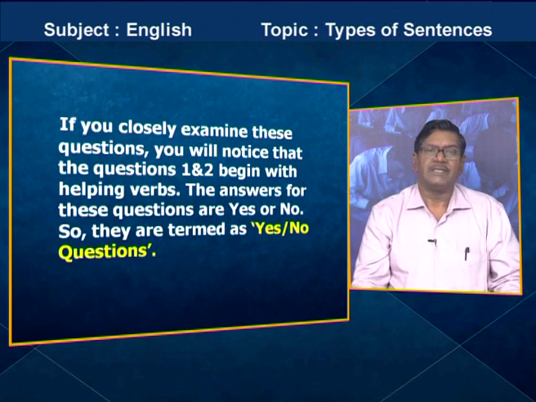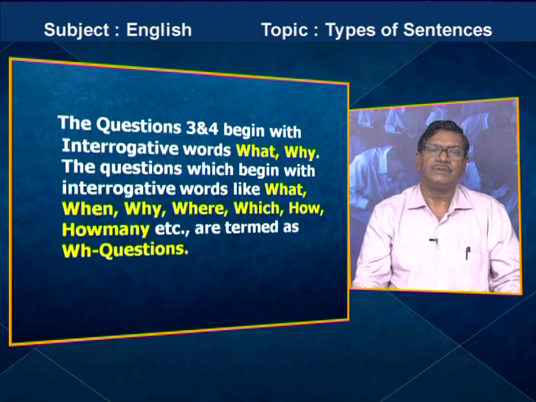These are the questions that start with helping verbs, questions that start with question words. So, the first 2 are yes/no questions, the second 2, 3rd and 4th, they are wh questions. So, interrogative sentences are of 2 subcategories. They are yes/no questions and wh questions.